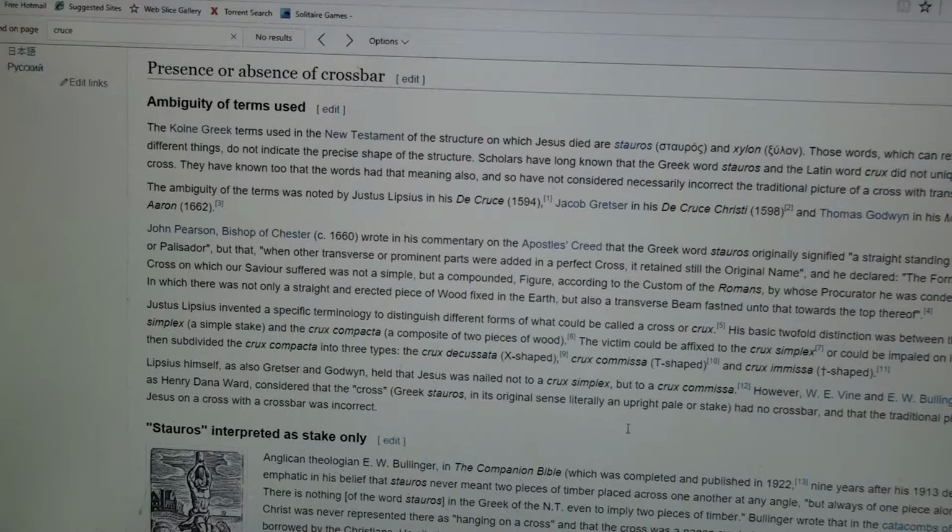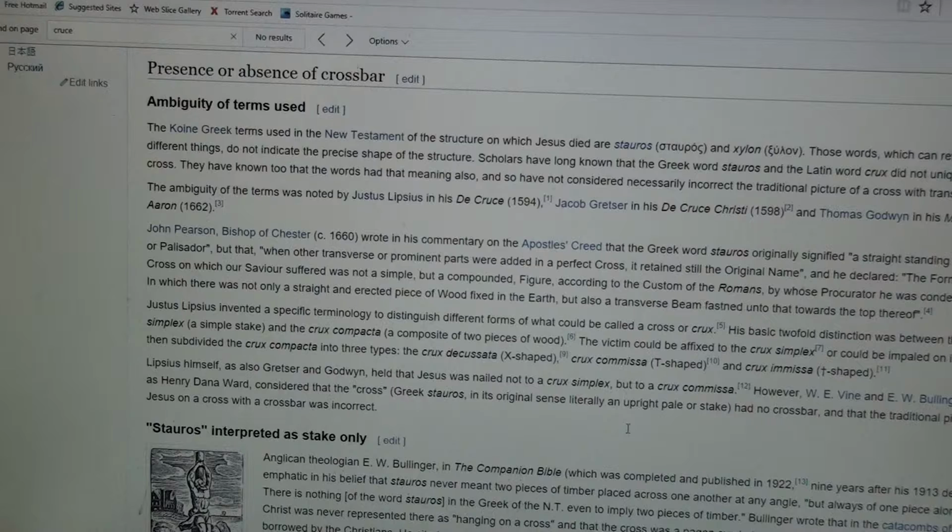Lipsius then subdivided the crux compacta into three types: the crux decussata, or X shape, the crux commissa, or T shape, and the crux immissa, which is a T shape with the crosspiece dropped down a little. Lipsius himself held that Jesus was nailed not to a crux simplex, but to a crux commissa.